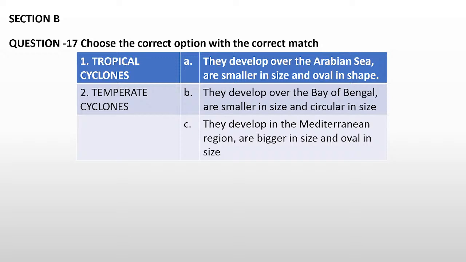B, they develop over the Bay of Bengal, are smaller in size and circular in shape. And C, they develop in the Mediterranean region, are bigger in size and oval in shape. And your options are A, 1C 2A, B 1A 2C, C 1B 2C, D 1C 2B.